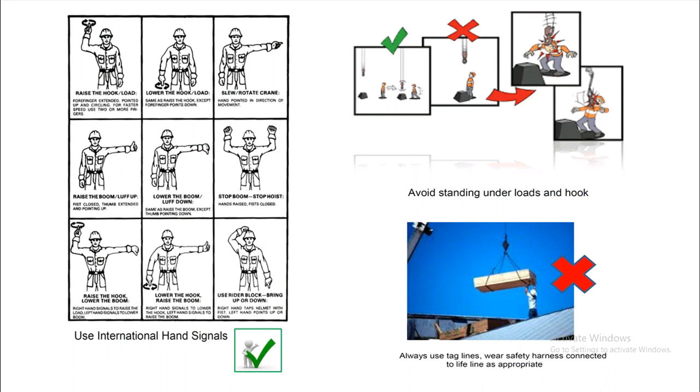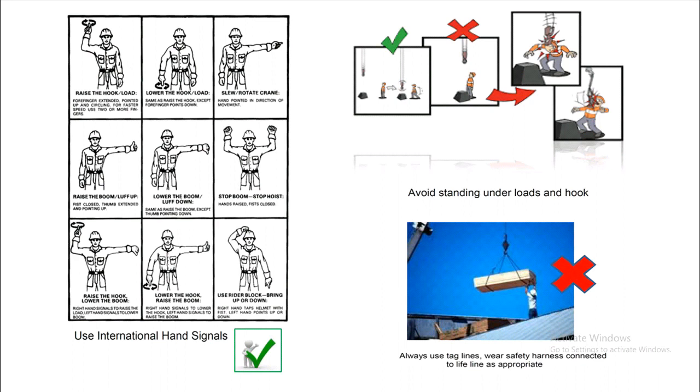Raise the hook and lower the boom. So when two hands are making signals at the same time, one pointing finger is pointing upward, rotating, and the one hand has thumb down, then it means that the operator needs to raise the hook while lowering the boom for mobile cranes.